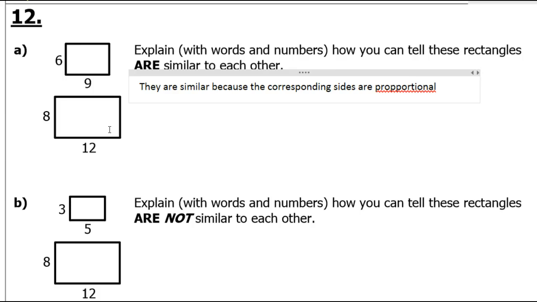And of course, the angles are congruent. Since they're both rectangles, the angles are all 90 degrees, so the angles are congruent. All right, so I need to mention that too.